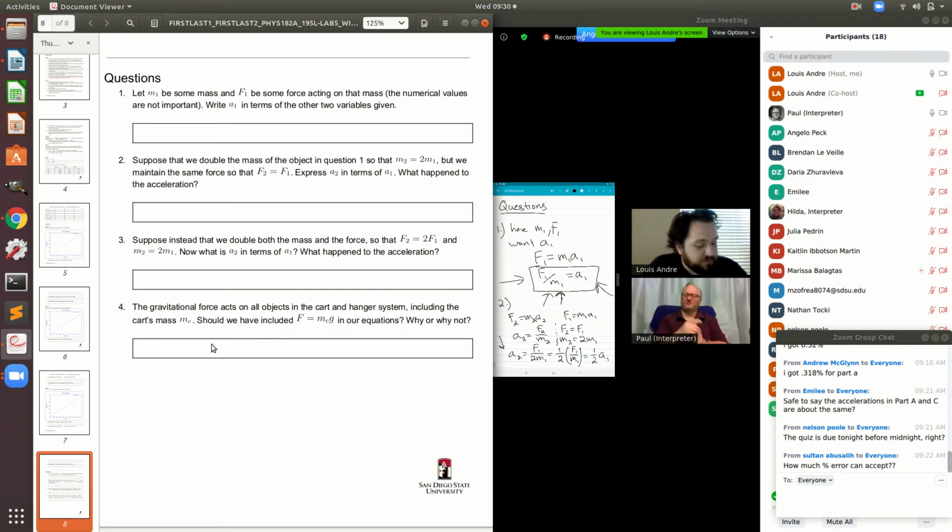So the answer here is if I double the mass, I half the acceleration. I get 1/2 of the old acceleration as the new acceleration. Usually I make a bigger deal about this, but again, it's online, so it's kind of hard.